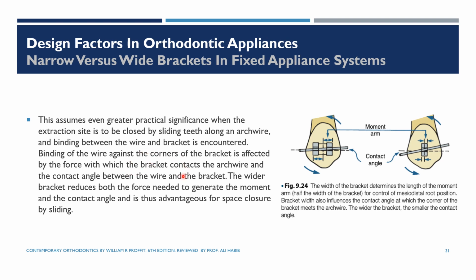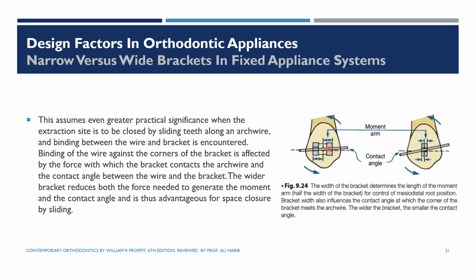Not only that, when we use wider brackets, we minimize what we call the binding effect. Binding effect is one of the resistance to sliding methods that we encounter when we try to move the teeth.